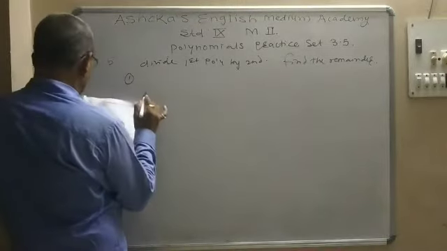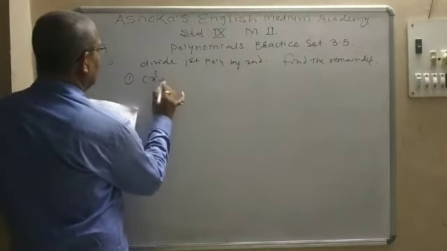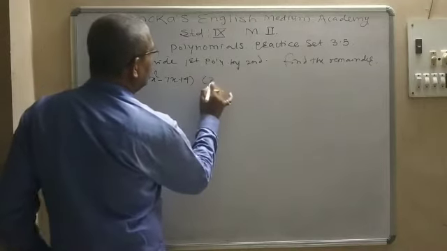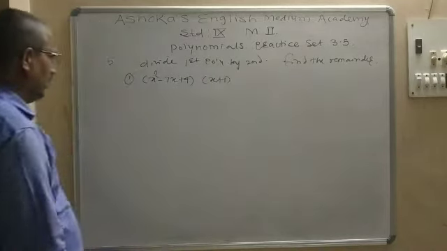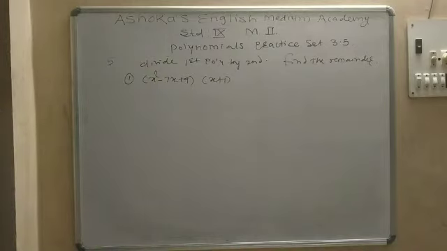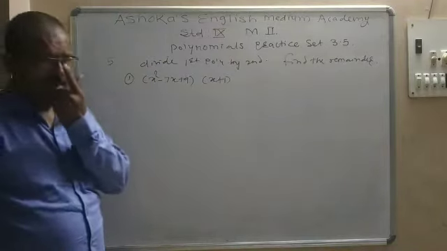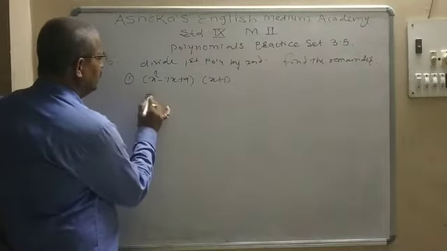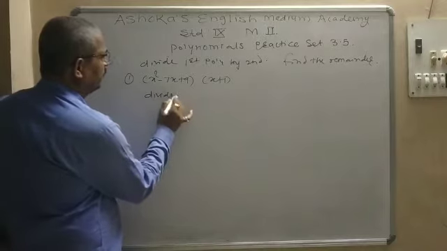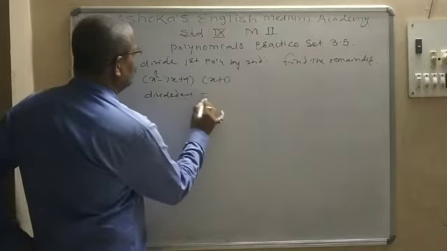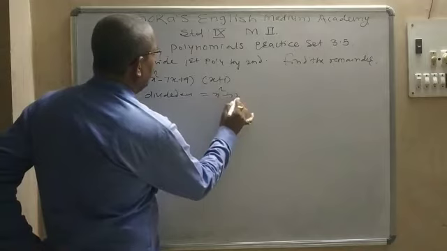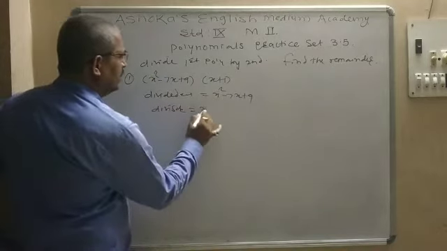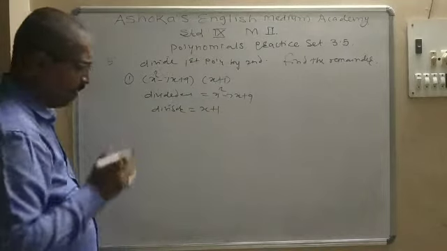What is the first question? x square minus 7x plus 9, in the second bracket x plus 1. Now what to do? Please look here. By the remainder theorem method, the dividend is x square minus 7x plus 9, and the divisor is x plus 1.